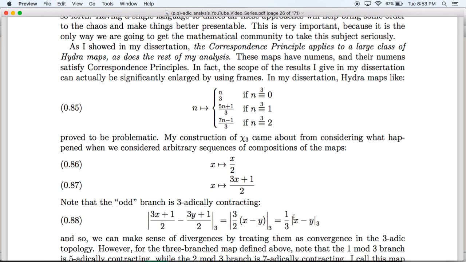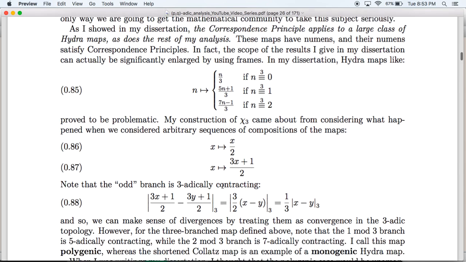If we subtract it, it's Lipschitz continuous with a Lipschitz constant of 1/3. So what we have here is 2 contracting maps, except they're not contracting in the same topology. This map is contracting in the Archimedean topology, the real topology, whereas the odd map is contracting in the 3-adic topology.